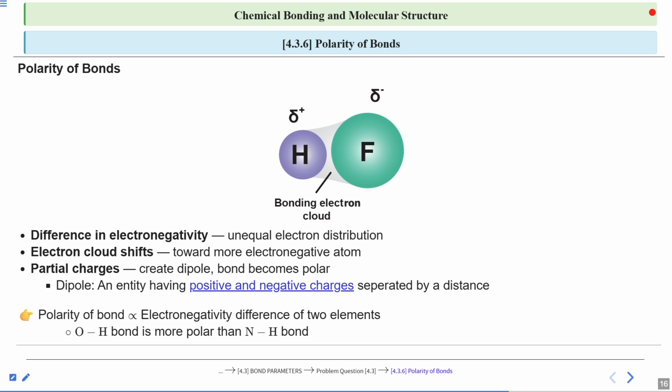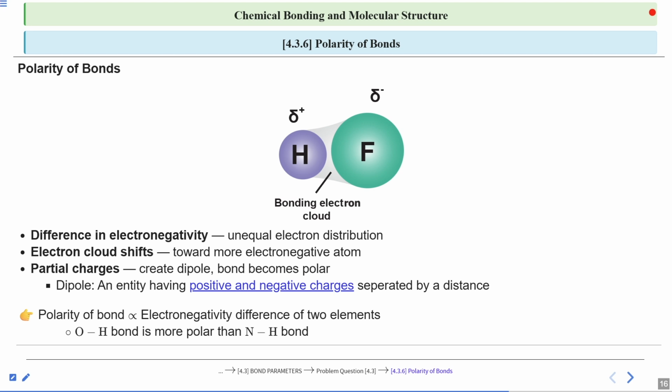So if you consider HF and HCl, you also have to account for the distance. But nitrogen and oxygen are from the same period, so you only have to think of the electronegativity. That's it. Is it clear?